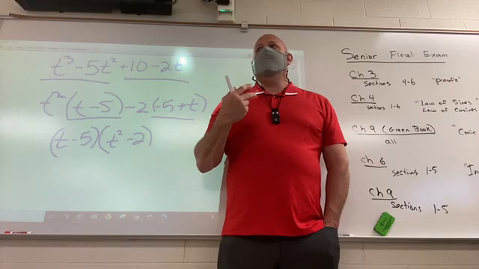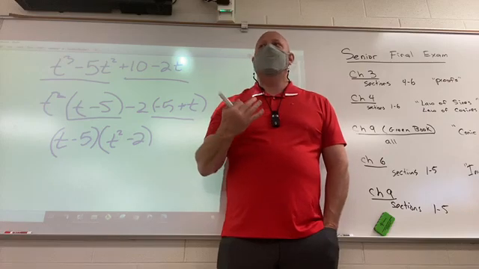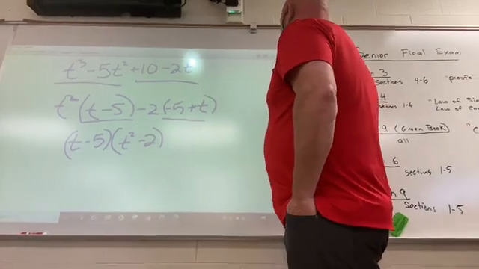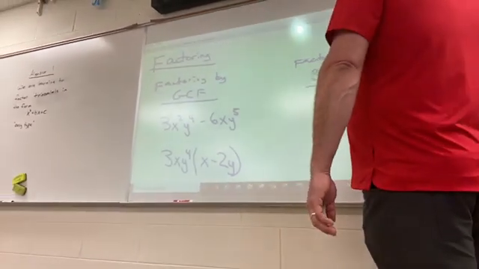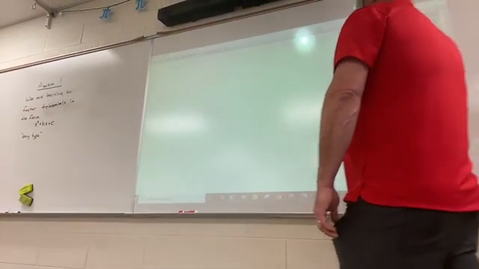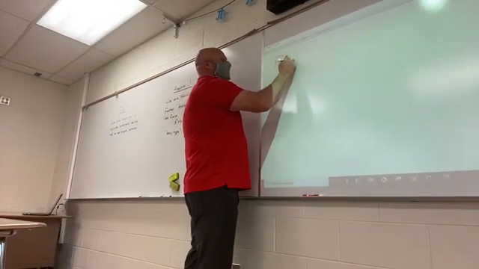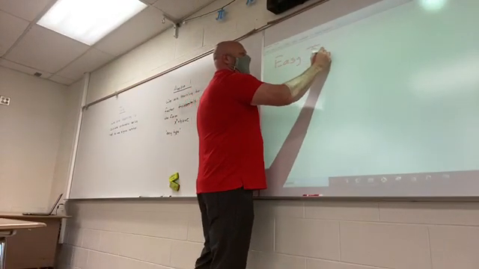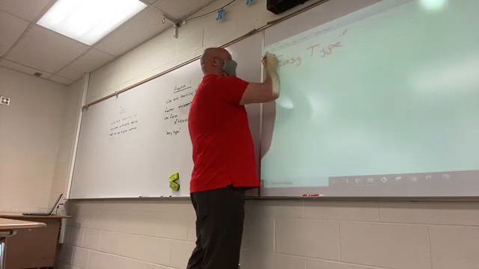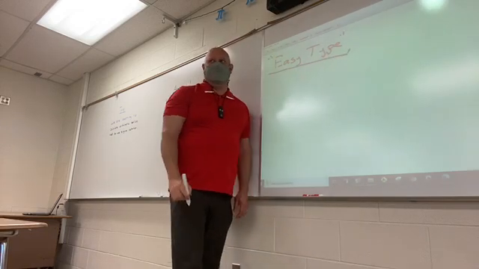But then there's going to be a third method. What we're talking about today is what I call the easy type. It's not a formal name, it's just what I call them.